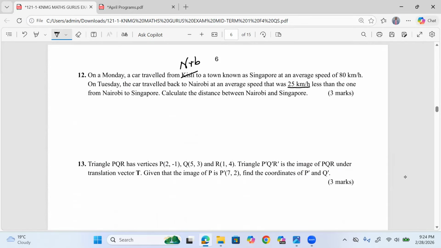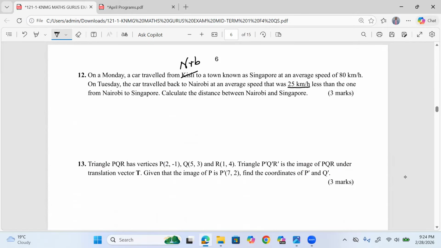So on the first day, that was a Monday, a car is traveling from Nairobi to Singapore at 80 kilometers per hour. Then on Tuesday, the car is traveling back to Nairobi at an average speed that was 25 less than the one from Nairobi to Singapore.